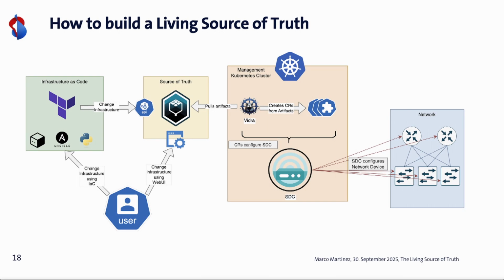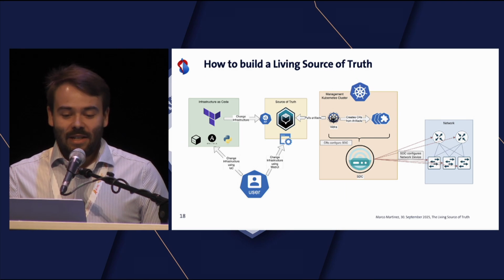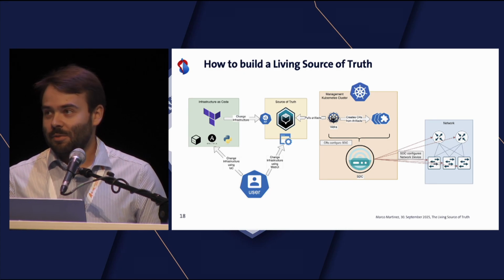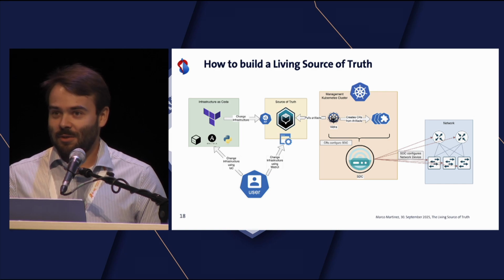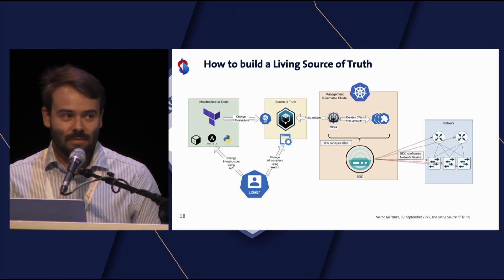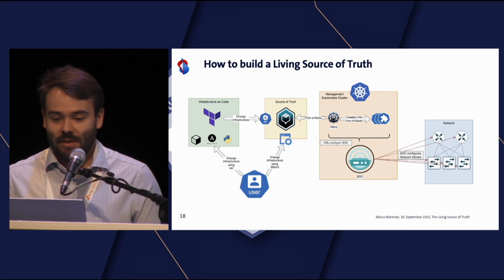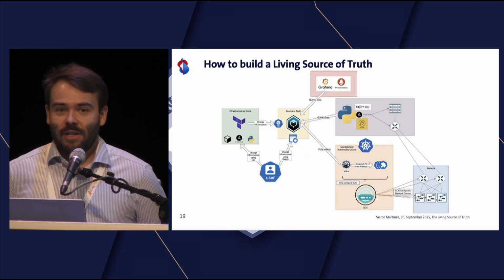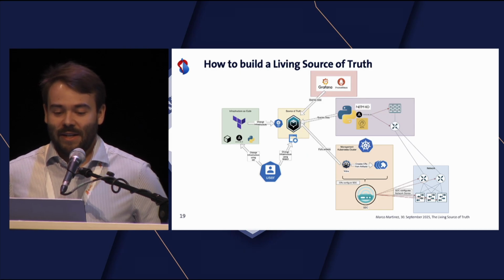Well, so that is the whole model of it doing. Somebody might ask, but what if I do other things than network? Good question. What if I have other tools? Where's my observability? Where's all my other stuff? So the living source of truth is not just I configure my network, is I configure everything.